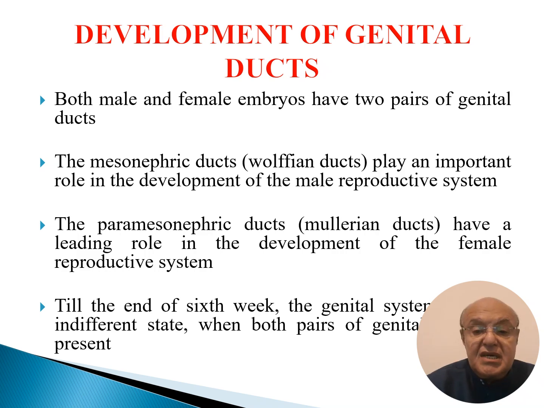They attach the ovaries to the fallopian tubes and uterus, and attach the testes to the vas deferens, ductus deferens, epididymis, and also to the accessory glands: seminal vesicles, prostate, and the bulbourethral gland. These 2 ducts are the mesonephric ducts, Wolffian ducts, and the paramesonephric ducts.